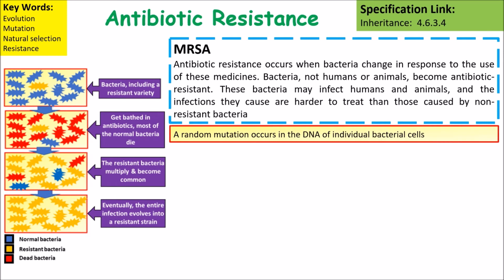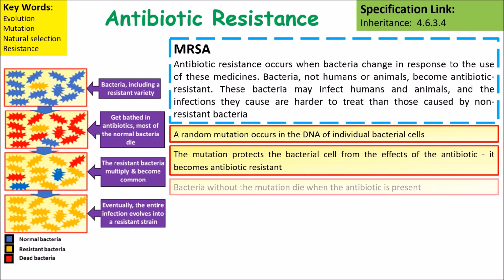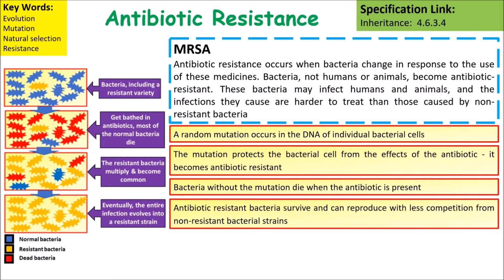The way this occurs is that random mutations occur in the DNA in individual bacterial cells. The mutation protects the bacterial cell from the effects of the antibiotic, so that one bacterium becomes resistant. The bacteria without the mutation die off when the antibiotic is present. So the antibiotic resistant bacteria survive and can reproduce with less competition from the non-resistant bacterial strains.